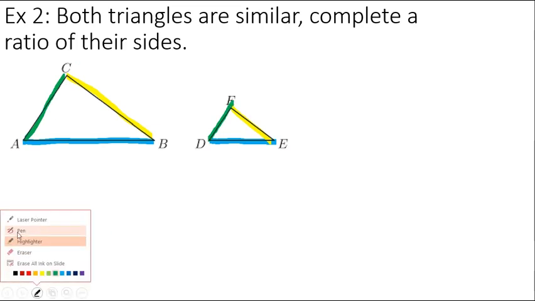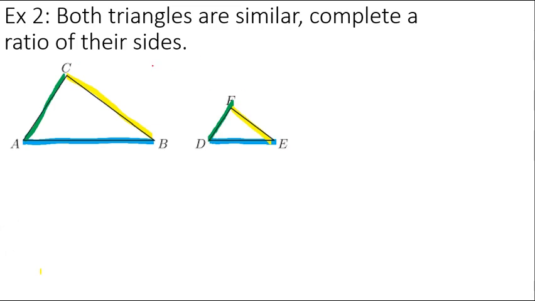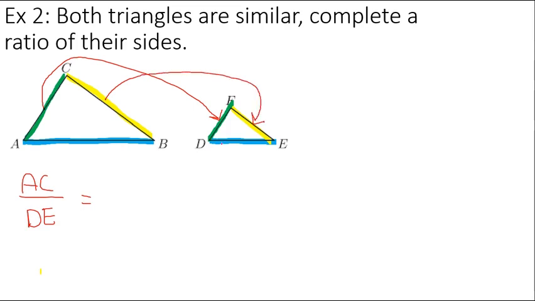All right, so when we start off writing our proportional statement, it doesn't matter what side we start with, I'm just going to go with this one. So I'm going to say AC goes with DE. So AC over DE equals, I'm going to say CB corresponds to FE equals, and then we say AB corresponds to DE.